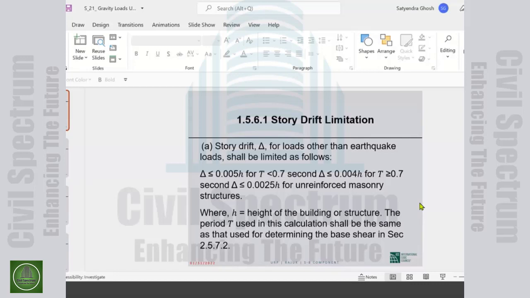So for the more flexible buildings, it's a tighter drift limit, which does make some sense. So I don't have a criticism of that. If the H has been corrected, then it will be a significantly more sensible restriction.